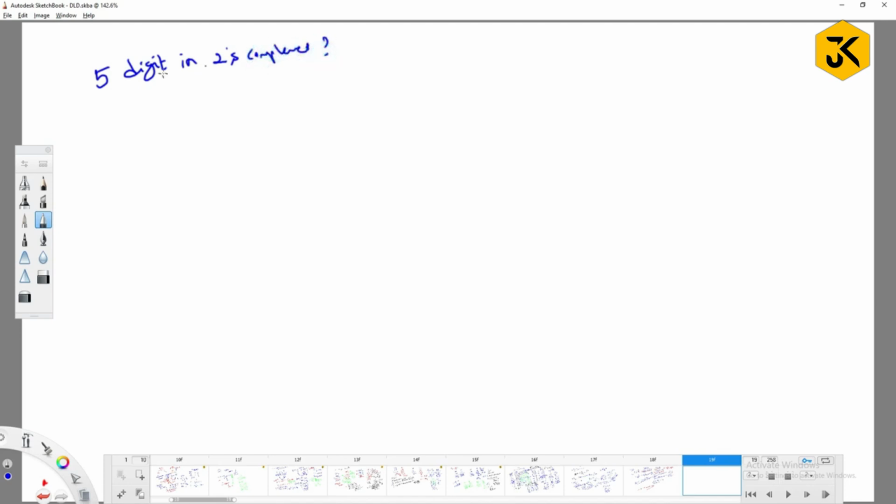What is the maximum value? I mean, what is the maximum number that can be generated with the help of 5 digits in 2's complement?